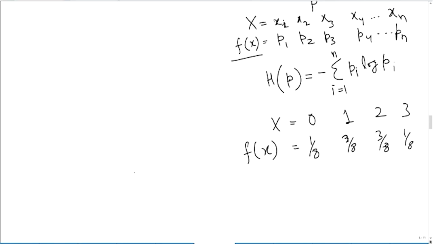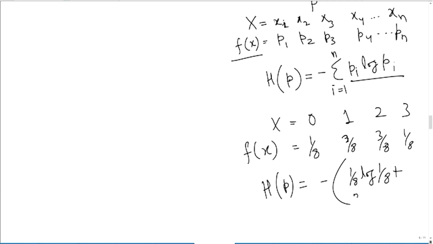Now how do we calculate information entropy here? Information entropy will be given by negative of the summation of pi log pi. So basically 1 by 8 into log 1 by 8 plus 3 by 8 log 3 by 8 plus 3 by 8 log 3 by 8 plus 1 by 8 log 1 by 8.